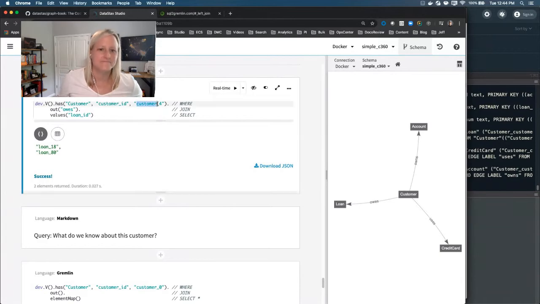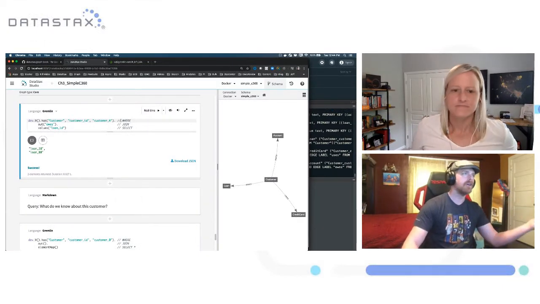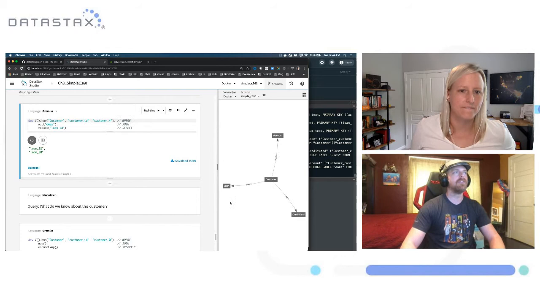I just want to pull a particular customer at a particular ID. There you go. So now I'm starting at customer 4, not customer 0. And this is pretty simple to follow. I can just follow out these edges to the other vertices. And in this case, I happen to have multiple loans, not a single loan. So you can see that now I'm pulling back all of those properties because there are multiple loans.